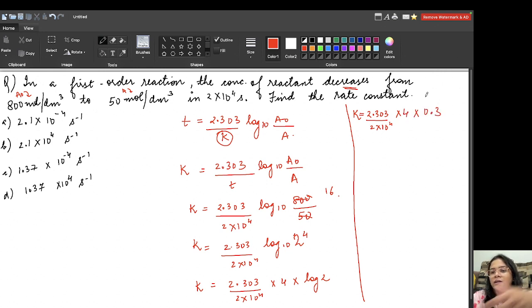Just use your calculators and check what will be the answer. Let me also check. 2 2s are 4, 3 2s are 6, so 4.606 into 0.3.